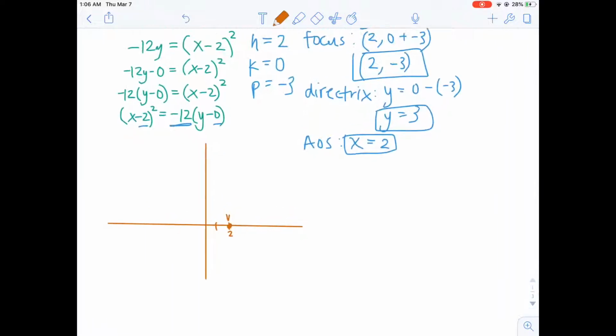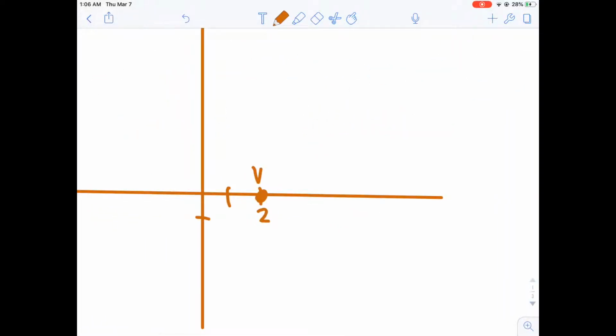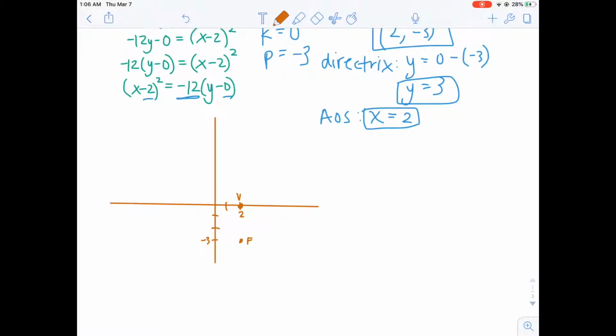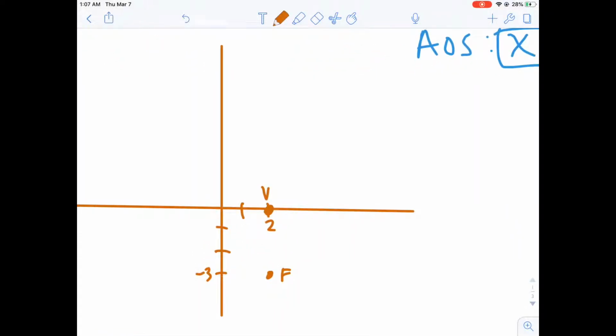Vertex. Focus is at 2, negative 3. So I'm going to go down 3, 1, 2, 3. There is my focus. And my directrix is at y equal to 3. So 1, 2, 3 on that y-axis, and there goes my directrix.